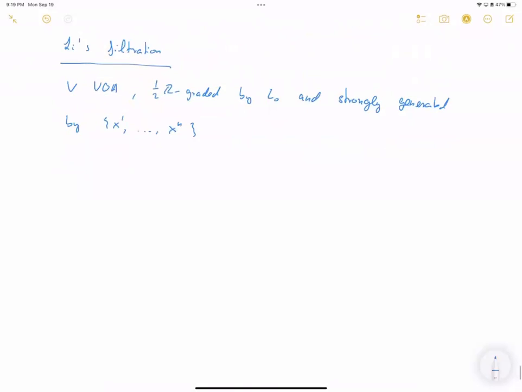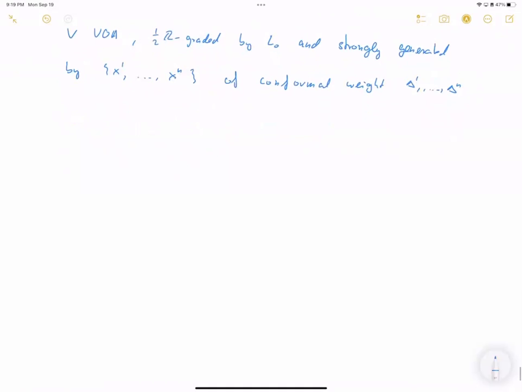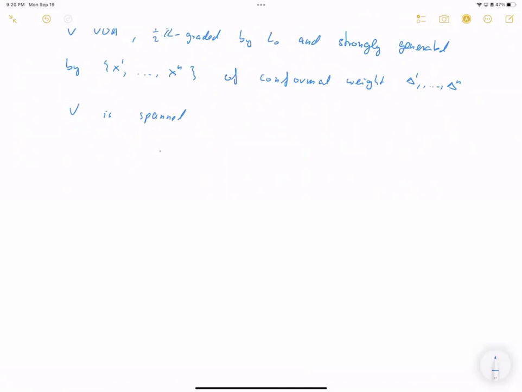So x1 up to xn is a set of strong generators, and we want them to be homogeneous. So they have conformal weight, which I call delta 1 up to delta n. So the VOA strongly generated means that the VOA is spanned by words in the negative modes of these strong generators.